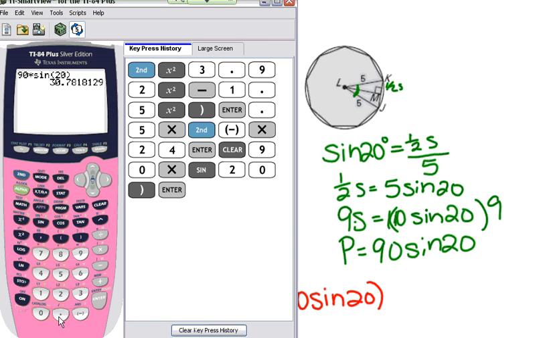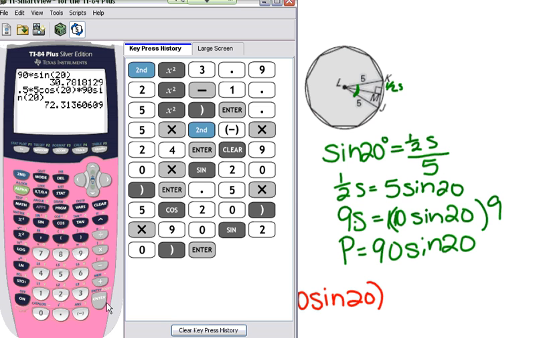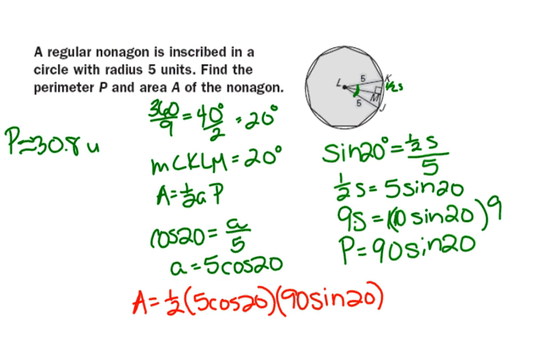It is 0.5 times 5 cosine 20, close parentheses, times 90 sine 20, close parentheses, and we get 72.3.